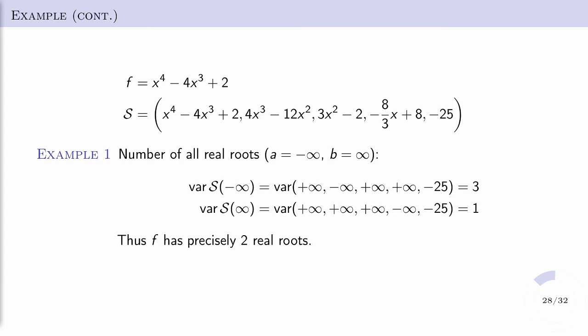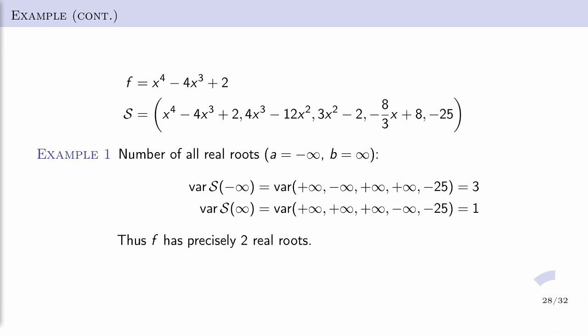In order to compute the number of real roots of f, we take an interval ab, which is minus infinity to plus infinity. So we evaluate this Sturm sequence at plus and minus infinity. If we evaluate every polynomial at plus infinity, this tends to plus infinity when x goes toward plus infinity.